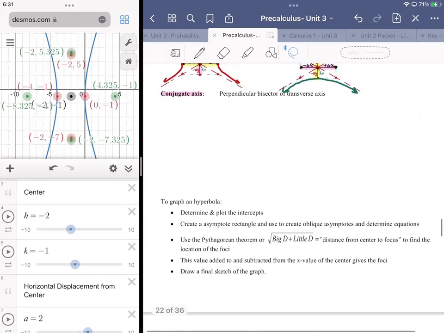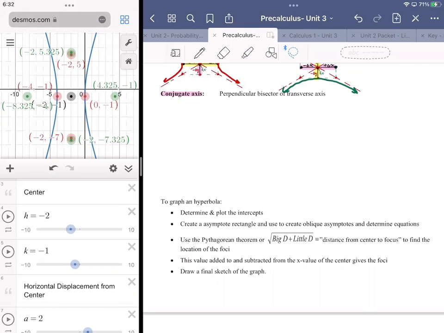All right. There is a formula here for the distance from center to focus. It's the big denominator plus the little denominator. In the previous lesson when we talked about ellipses, it was the big denominator minus the little denominator. And actually, when you add them, it doesn't matter what order you add them in, but for consistency, I have the big one coming first.